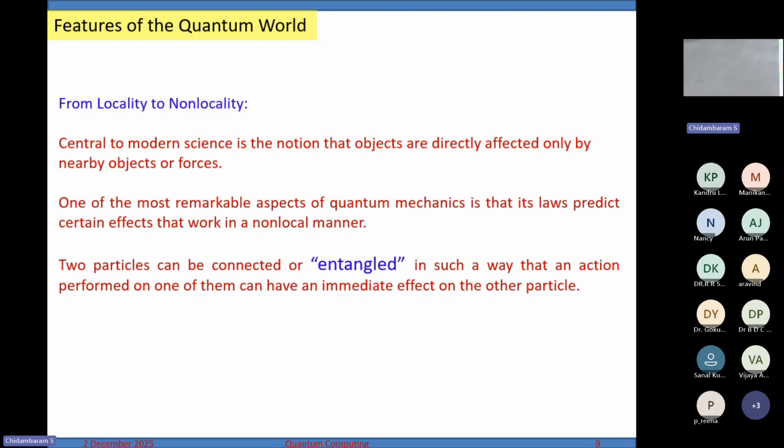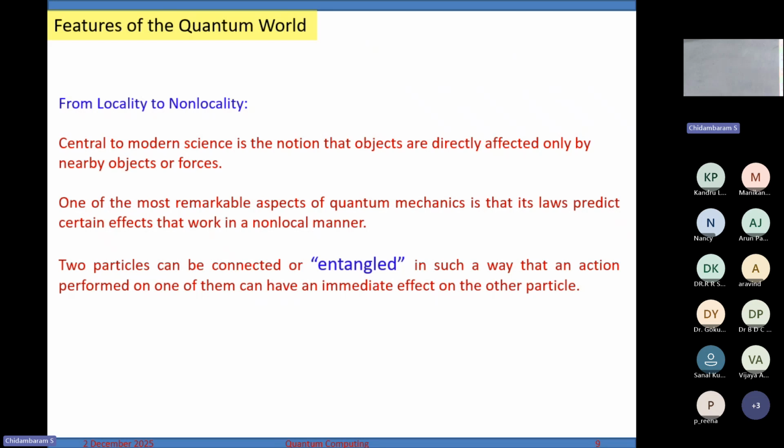However, in quantum, the laws predict certain effects that work in a non-local manner. From where is this non-locality coming? People talked about entanglement, right? Objects get entangled. The moment you try to measure one, it will affect the state of the other qubit also.